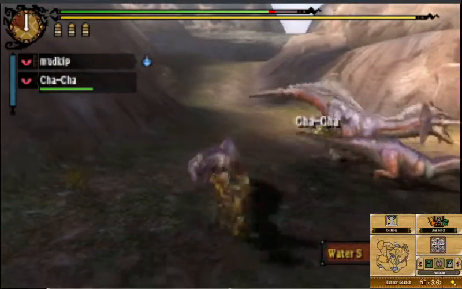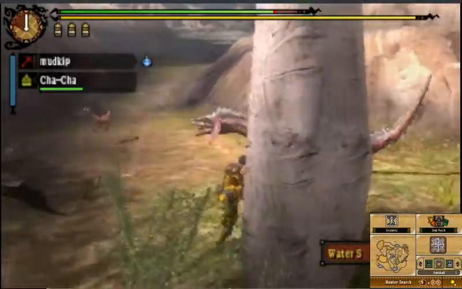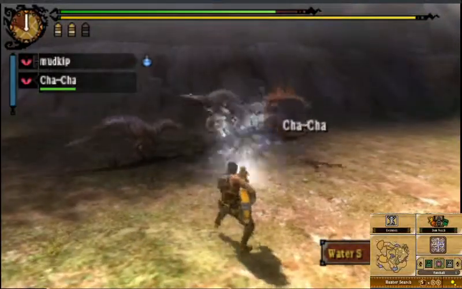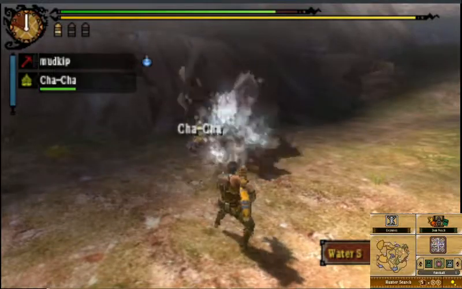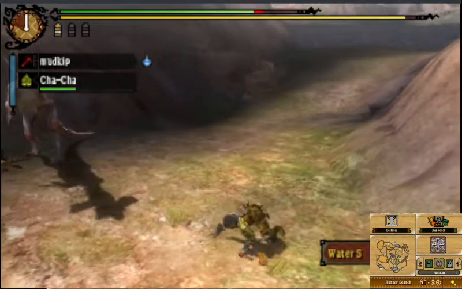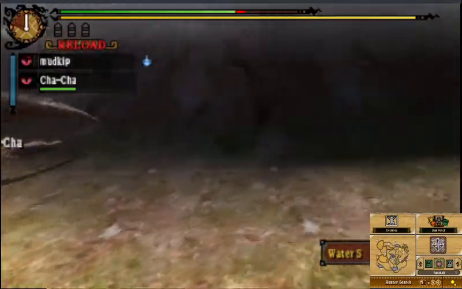This way, you will be able to hit the monster without having to aim. Right. Like this. Right? My god.